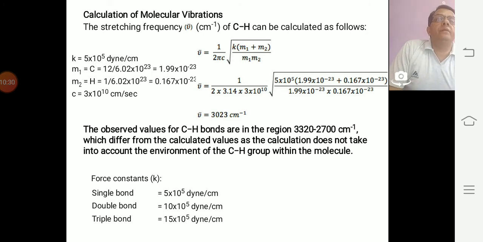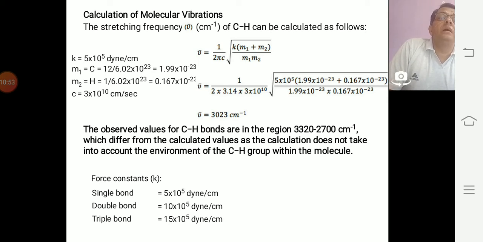For an example of calculation of molecular vibration, the stretching frequency per centimeter of CH can be calculated. In the case of CH, the force constant K is 5 into 10 to the power 5 dynes per centimeter.